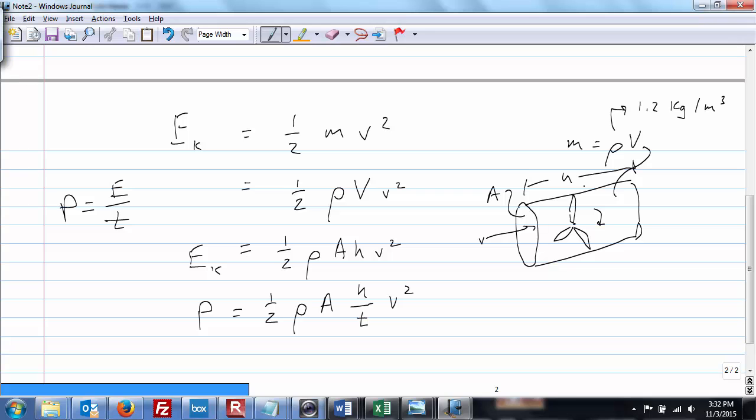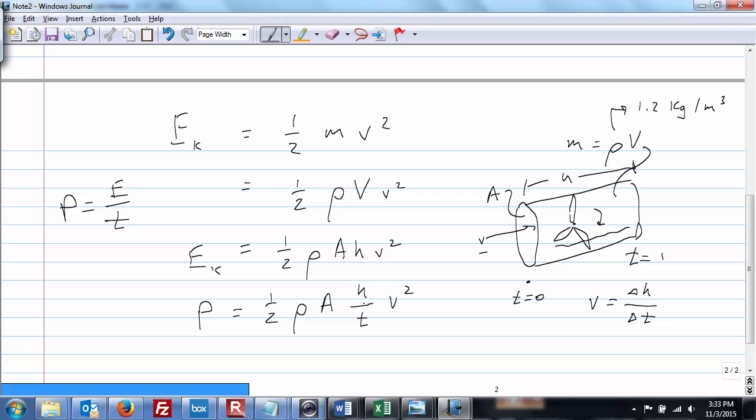And magically, this H, which was just the distance or the height of the cylinder, now simply becomes velocity. Maybe a little bit of a mind bender, but just think about a little molecule of air sitting right here at time equals 0. It blows along through the turbine, ends up here at time equals 1, and the velocity just equals the change in height, in this case height is horizontal, that's okay, divided by the change in time.